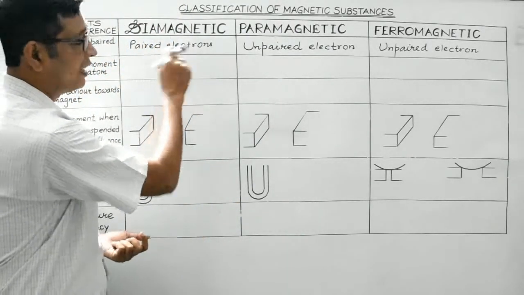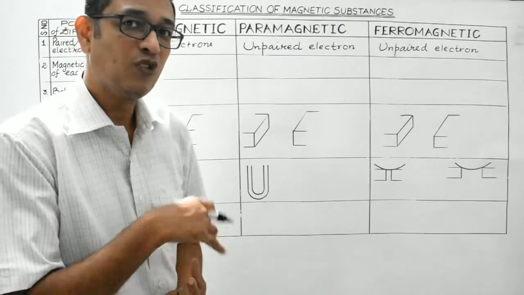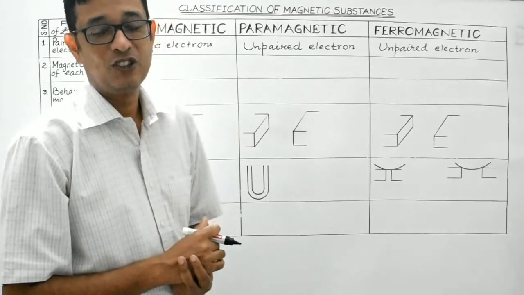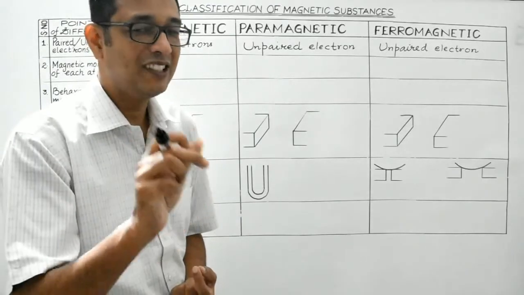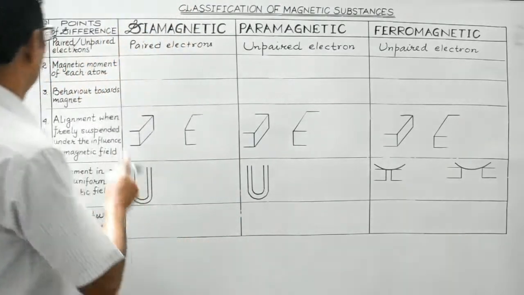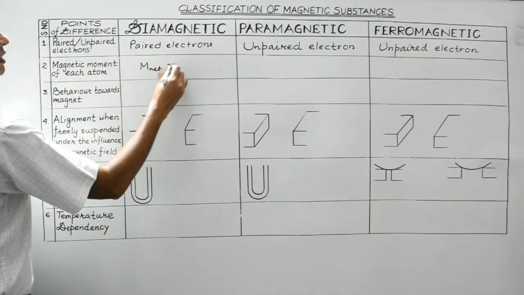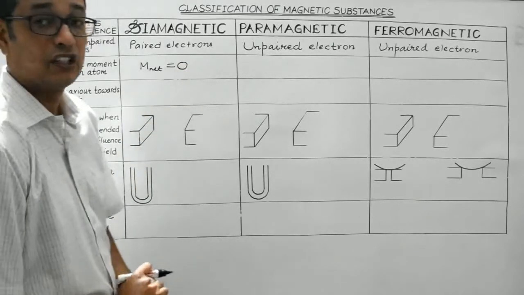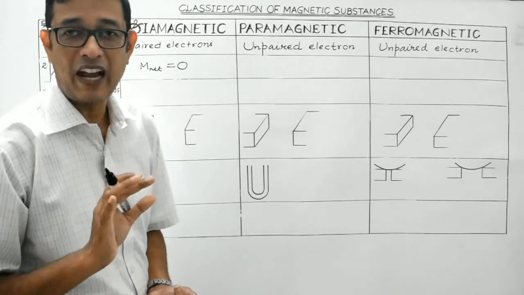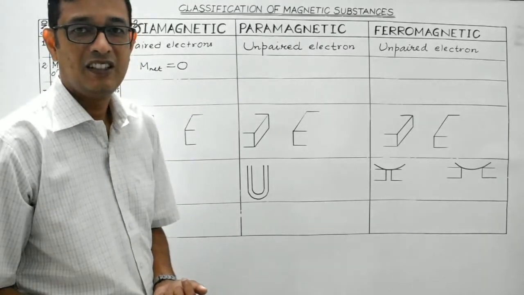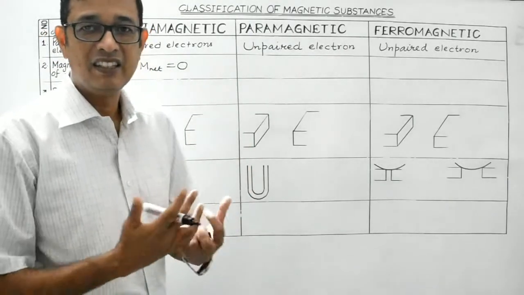Now, due to the presence of paired electrons, these magnetic moments of the 2 electrons forming a pair are equal in magnitude and oppositely directed. So, net magnetic moment of an atom that possesses paired electrons is always 0, right? So, magnetic moment of each individual atom, net magnetic moment over here is 0. Clear, students? The diamagnetic atom possesses 0 magnetic moment due to the fact that it possesses paired electrons. So, the magnetic moments being equal in magnitude and oppositely directed get cancelled out, they get nullified.